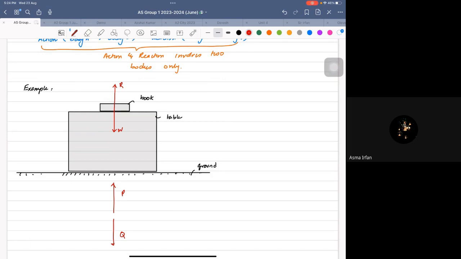Now they've said this R is the normal reaction force on the book by the table. W is the weight of the book.